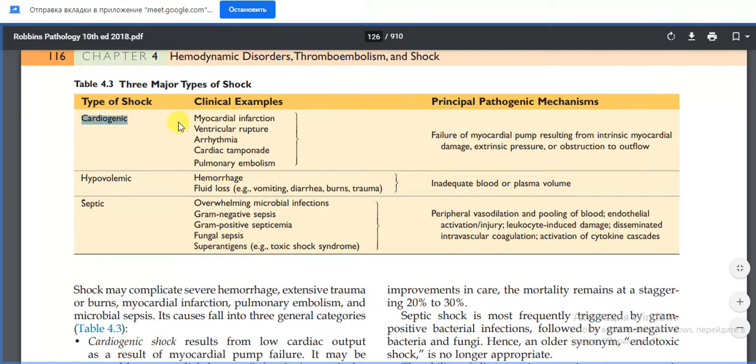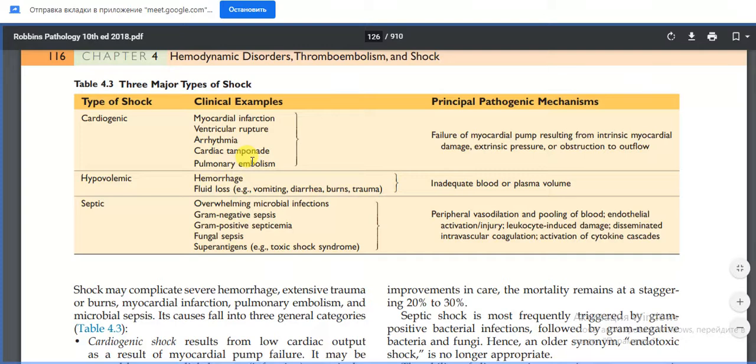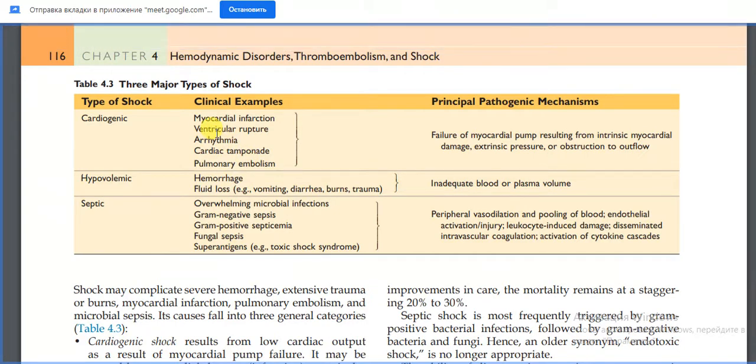Cardiogenic shock happens due to myocardial infarction, ventricular rupture, arrhythmia, cardiac tamponade, or pulmonary embolism. In all these conditions we have some injury to the heart, and the heart doesn't provide proper function, so the pumping of blood is reduced. It causes failure of the myocardial pump, resulting from intrinsic myocardial damage, extrinsic pressure, or obstruction to outflow.